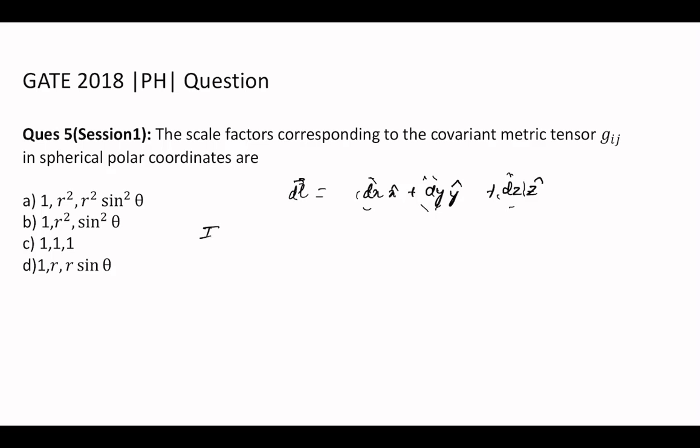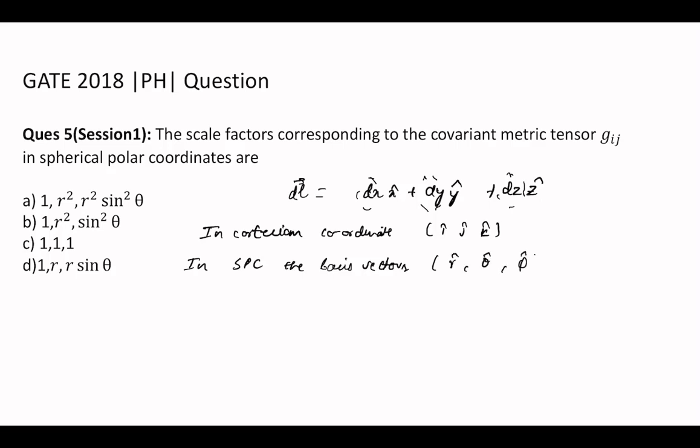We know in Cartesian coordinates the basis vectors are i, j, and k cap, three different directions x, y, and z. Similarly, in the spherical polar coordinate system, the basis vectors are r cap, theta cap, phi cap.